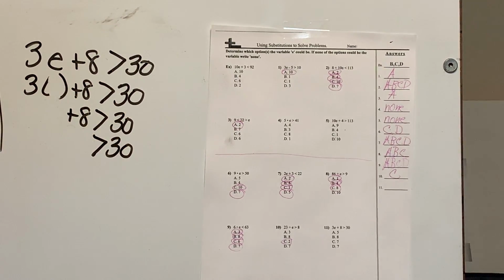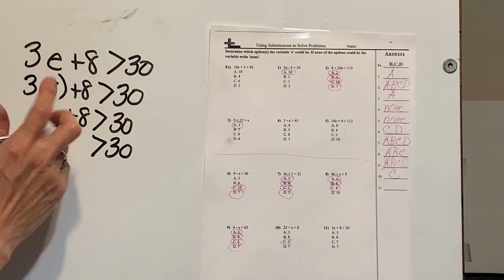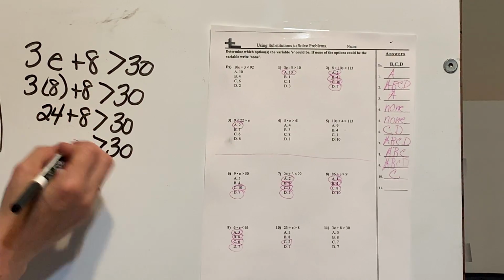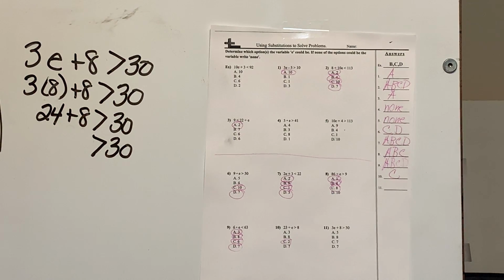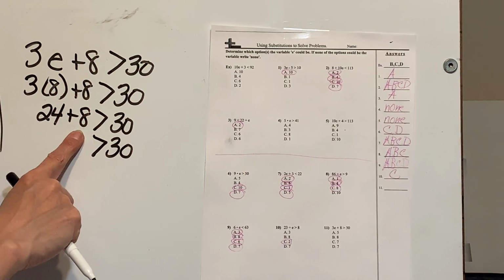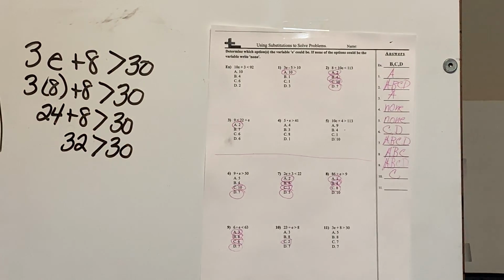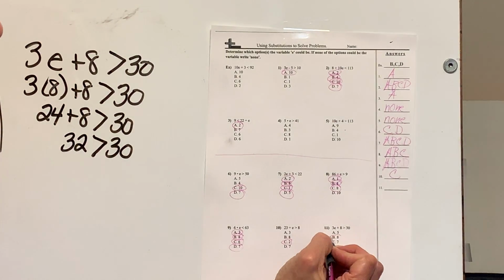All right, so the next number to plug in is 8. So I've got 3 times 8 is 24. 24 plus 8. Well, if I go ahead and do 24 plus 10, that would be 34. But I don't have a full 10. I have 2 less than that. So 34 minus 2 would be 32. 32 is greater than 30. Yes, it is. So 8 is what we plugged in, and 8 works.